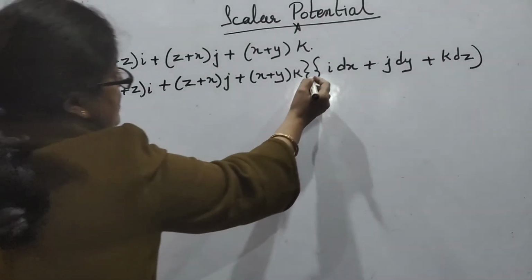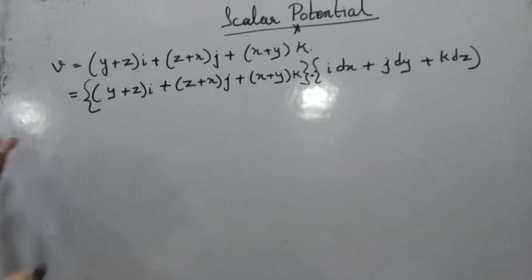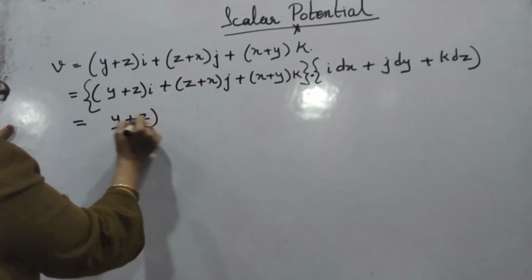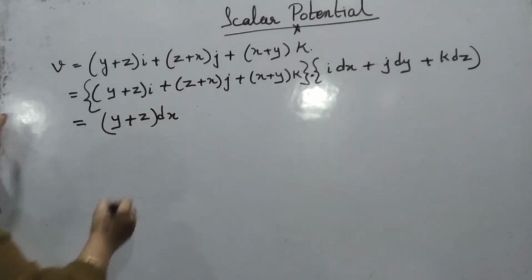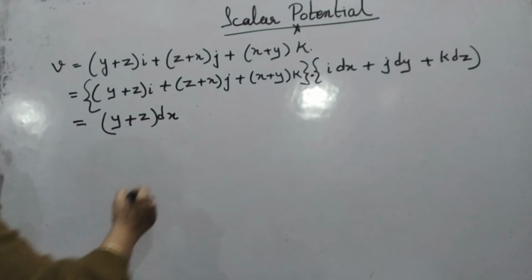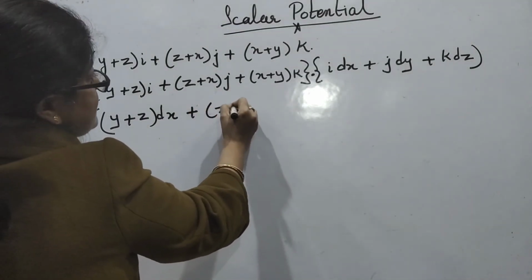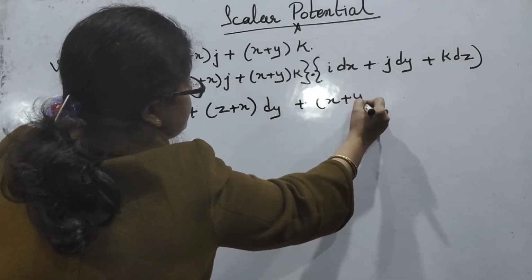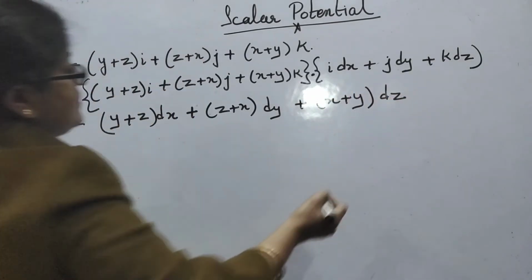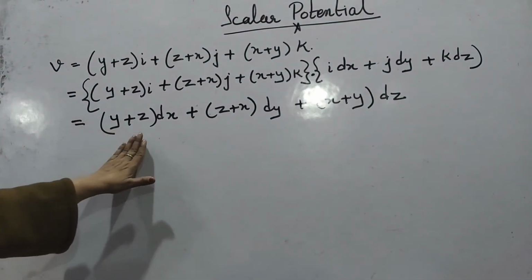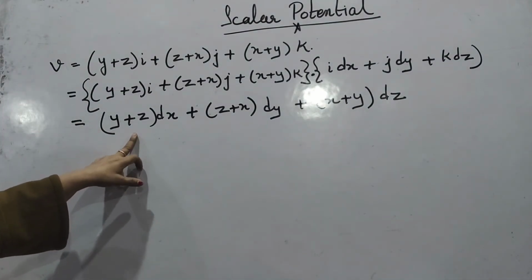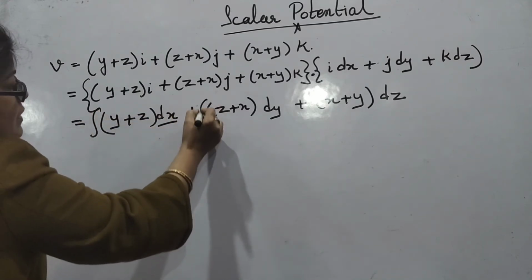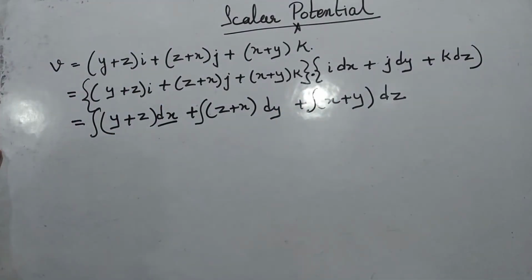Now, when we find the dot product of both the given quantities, we get (y + z) dx. Here i·i is 1, that is i squared is 1. Then (z + x) dy, (x + y) dz. You can either integrate directly, or you can also do one step, because dx means you have to integrate all the functions here, all the elements.